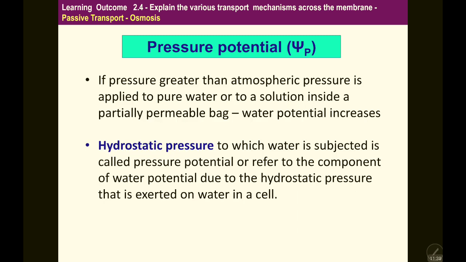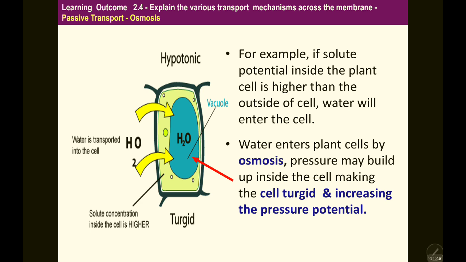While pressure potential is the hydrostatic pressure. Hydrostatic pressure means something related to the water, which presses on the wall. Presses on the cell wall, exerted on the water in the cell. That's called the pressure potential. For example here, if this cell is immersed in a hypotonic solution.